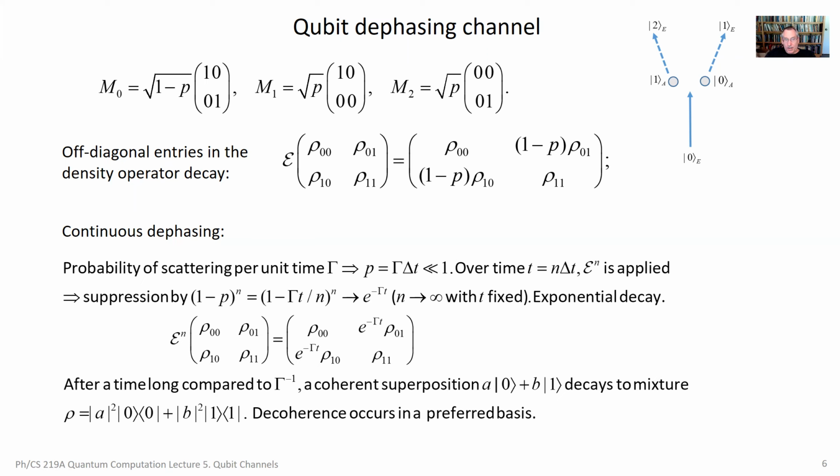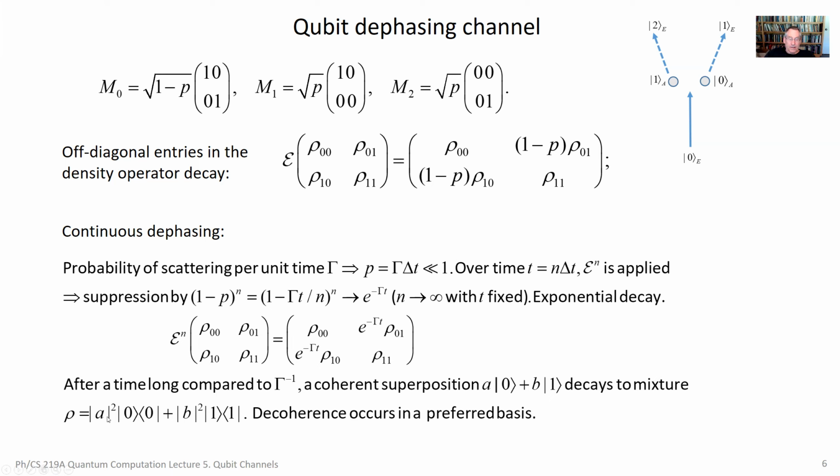And if we started out with some coherent superposition of our qubit, if we imagine the dust grain was in a superposition of two possible positions with coefficients a and b, then after a sufficiently long time compared to the so-called coherence time, 1 over gamma, that density operator has decayed to a mixture.